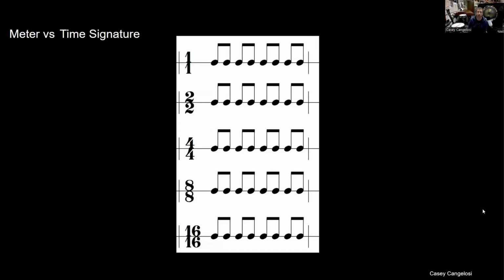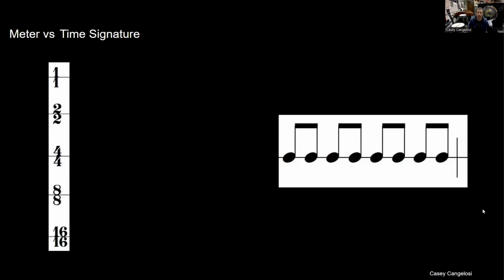So a little more about time signature and meter. Here we've got a series of 8 eighth notes in 4 groupings. So this fits into all of these time signatures, but one of them is the better describer of the music we're looking at here. And this is the issue of meter.